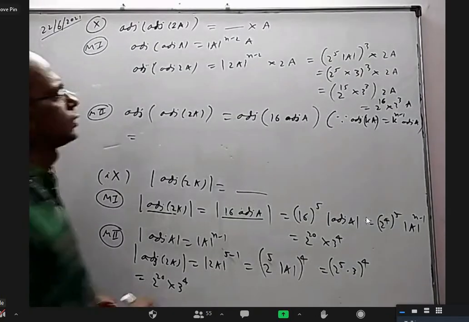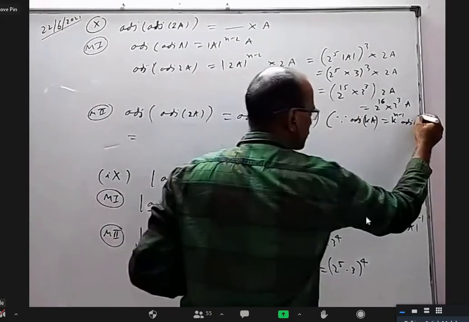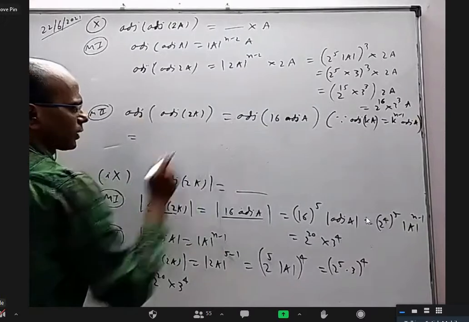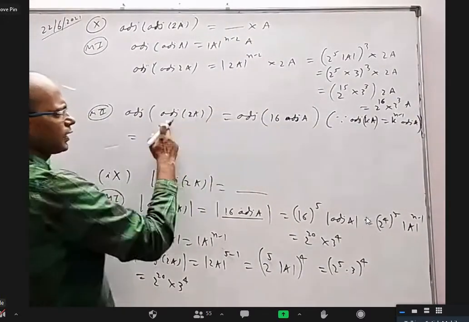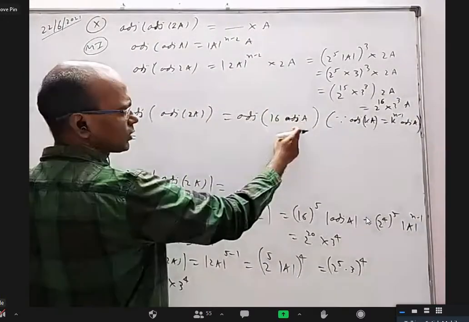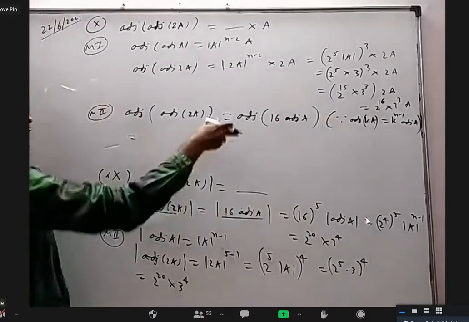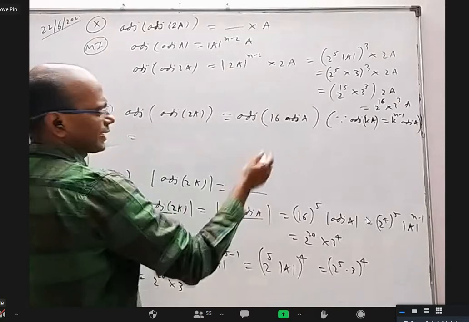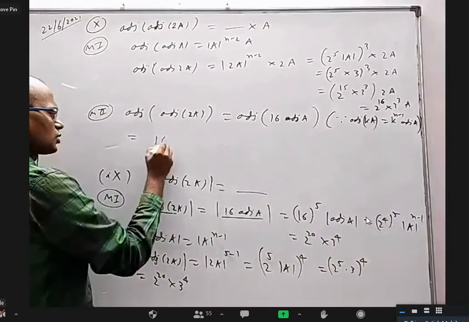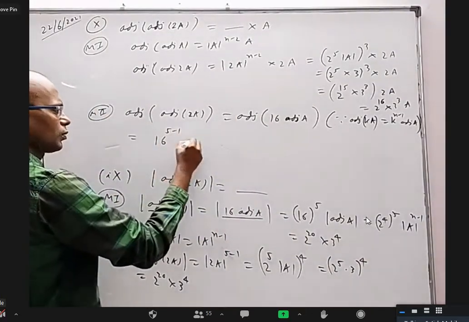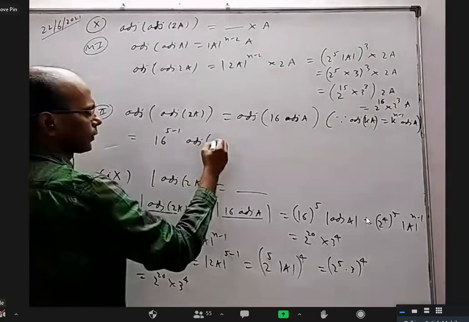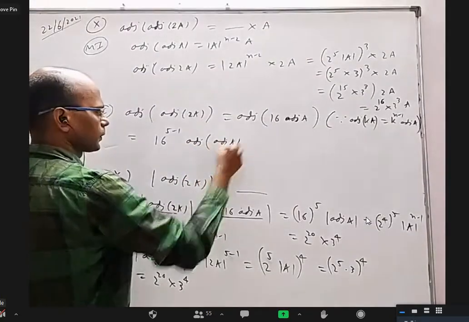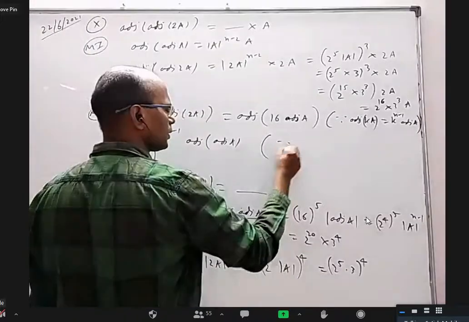Okay. This is also 2A, we should not forget that. If you are doing by this method, from here to here, what I have done: adjoint KA is K power n minus 1 into adjoint A, based on that, and we already did it as the 6th question. Now, adjoint KA, if you want to take, it is 16 power 5 minus 1 into adjoint of adjoint A. Why is that?